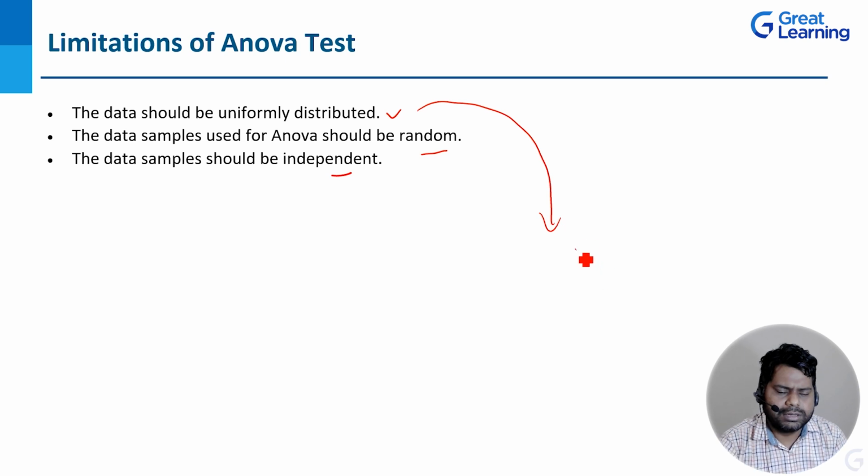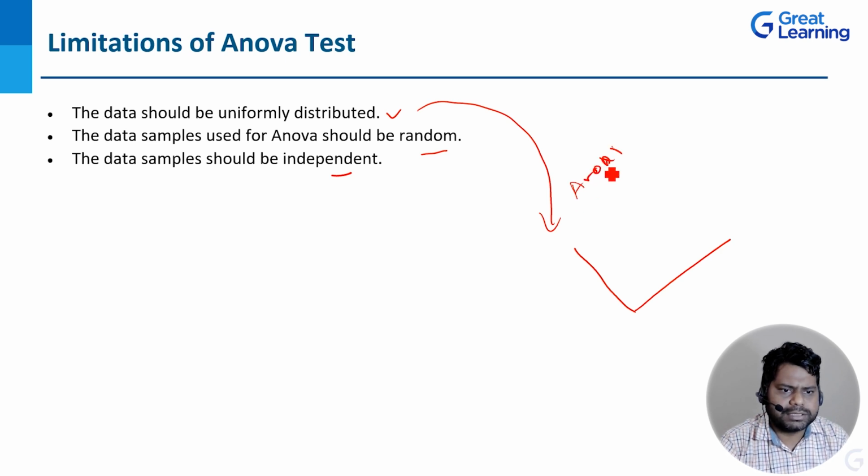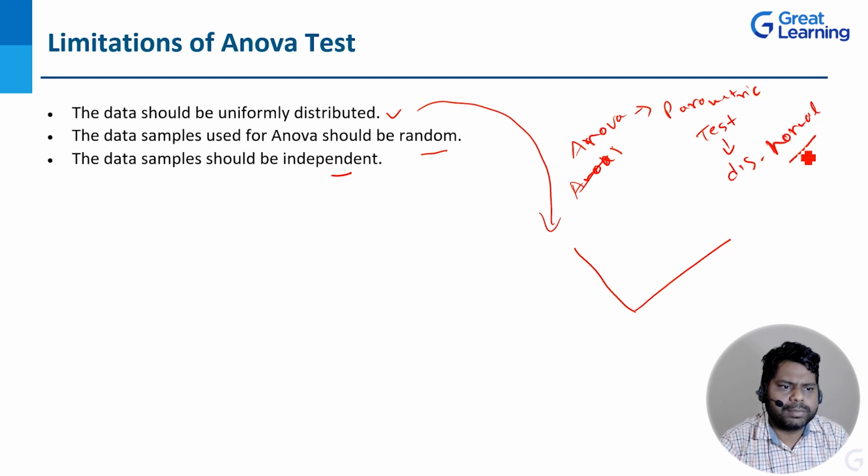Uniform distribution. We already know that the ANOVA test is a parametric test. A parametric test says that the distribution should be normal. So what is a normal distribution?